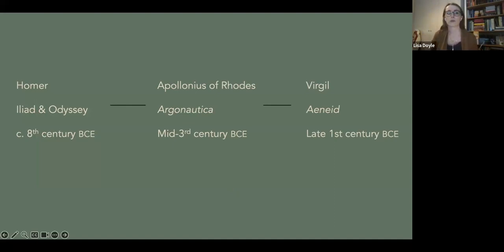So what Virgil was doing is he was reading Homer, he was reading Apollonius, but he was also reading the scholarship or the scholia written on Homer and Apollonius. So that was one of the ways you could demonstrate your learnedness and your abilities as a scholar poet, is that you are not only reading the poetic tradition, but you're reading what scholars and commentators had to say about that as well.